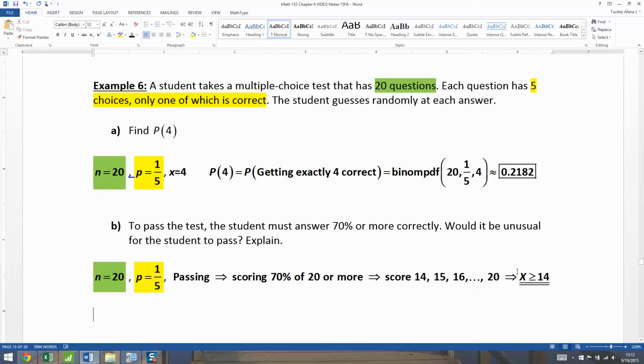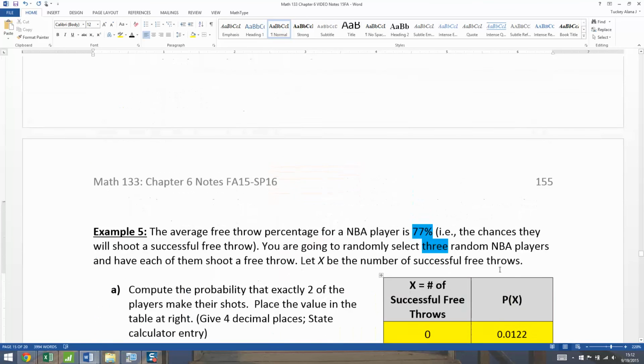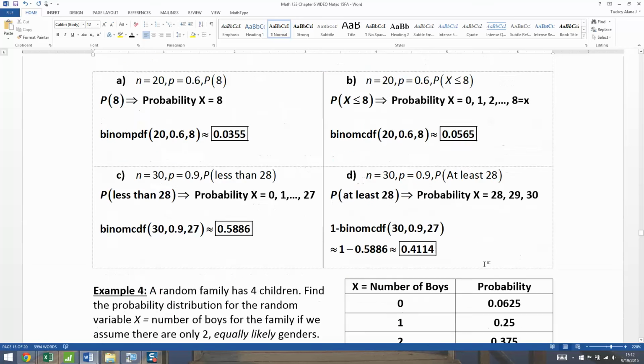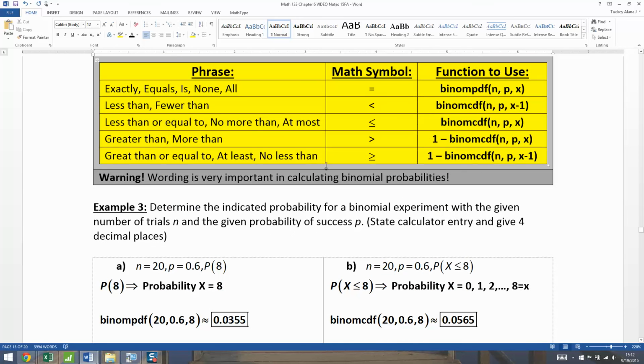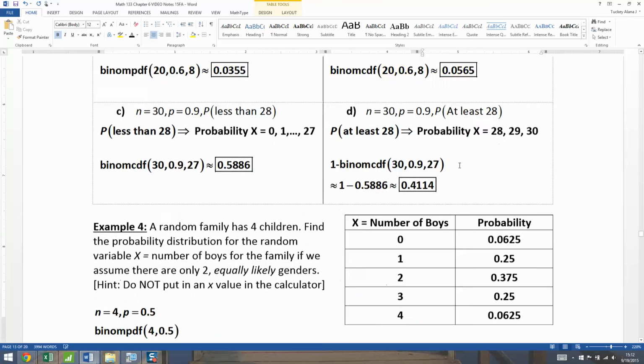Kind of figure out what they're asking. And then you can go back to the table and say, okay, x is greater than or equal to 14. Greater than or equal to means I'm doing this one right here, where it's 1 minus binom CDF. And I'm going to use 13 instead of 14 because I have to do 14 take away 1. In other words, I'm going to make the calculator add up all the way to 13, and then I'm going to take it away from 1, and I'll have what 14 to 20 is.